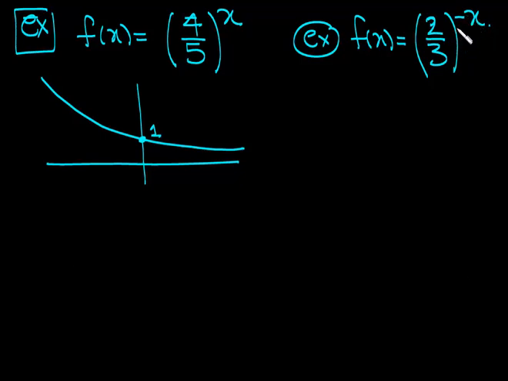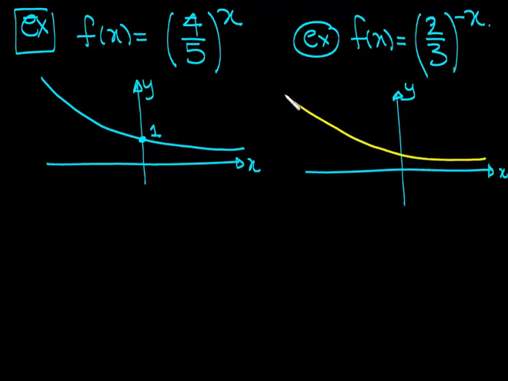Let's ignore the minus for a second. If I have 2/3 raised to x, that looks just like this because it's a decay, because this number is between 0 and 1. If you recall from chapter 3, when you put a negative in front of x, that flips the graph about the y-axis. So let me just draw a couple different graphs here just to show you. The first thing is this graph, without the negative, looks like this. It's a decay.